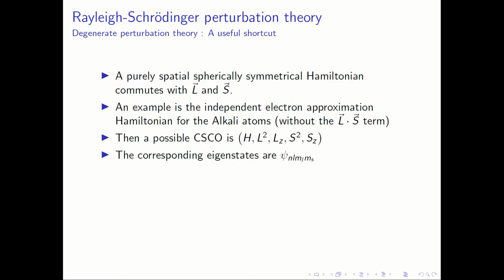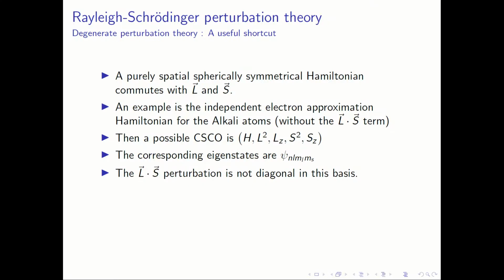Now, there is also another possible CSCO, something we have learned when we talked about rotations. The reason why the other CSCO will be important is that the L dot S perturbation is not diagonal in this basis. So L dot S does not commute with all the operators in here.